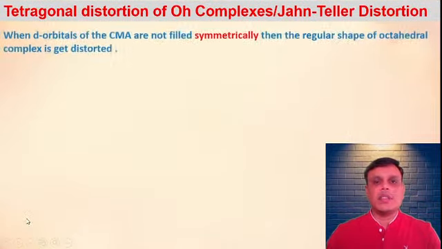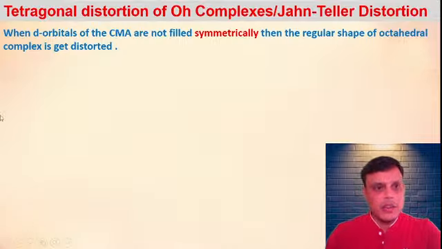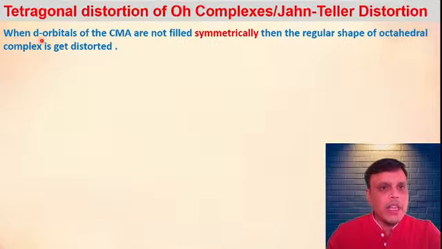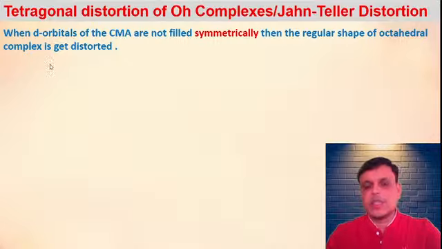Okay, so when this distortion occurs, the first point, see on your screen: when the d orbitals of central metal ions are not filled symmetrically, then the regular shape of the octahedral complex gets distorted. So this is the first reason.